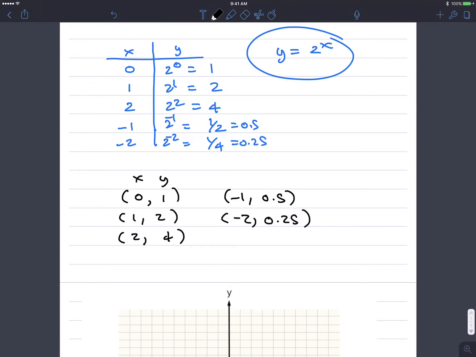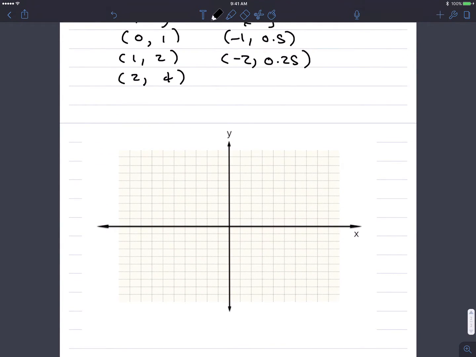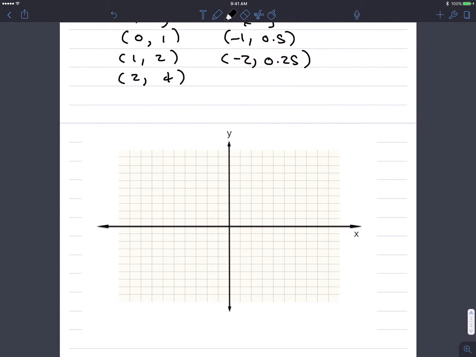X coordinate, y coordinate, x coordinate, y coordinate. We're going to plot these points for the curve y equals 2 to the x. And again, the variable is the power x, called the exponent. These are exponential functions. So 0, 1, let's plot 0, 1. X is 0, y is 1. That's right here. You guys okay with that? 0, 1?